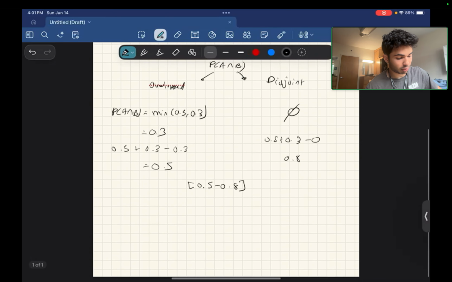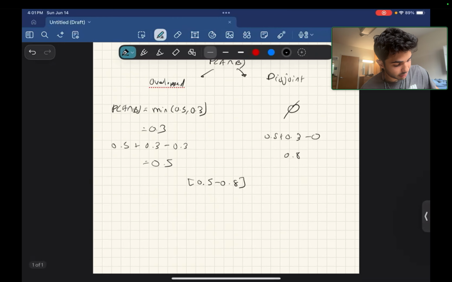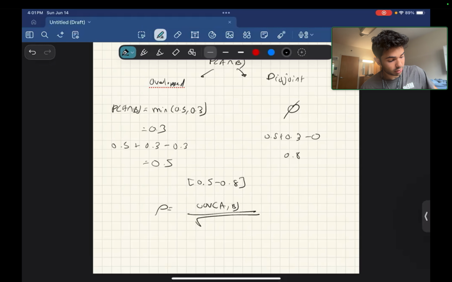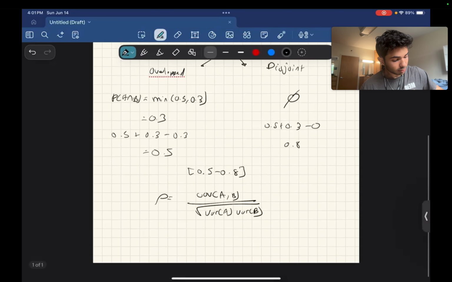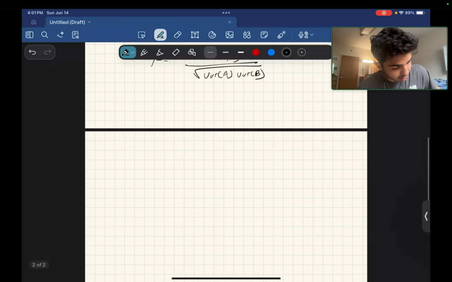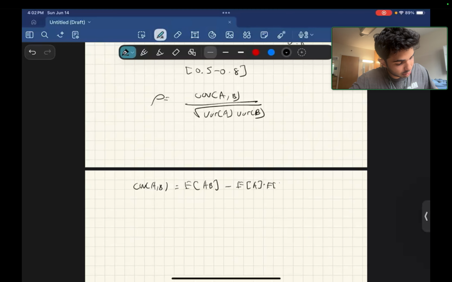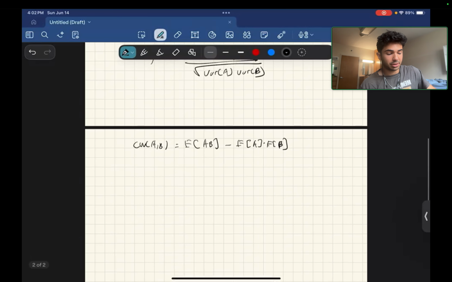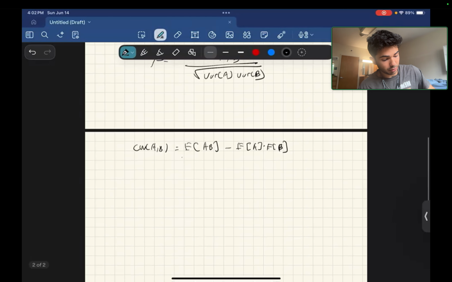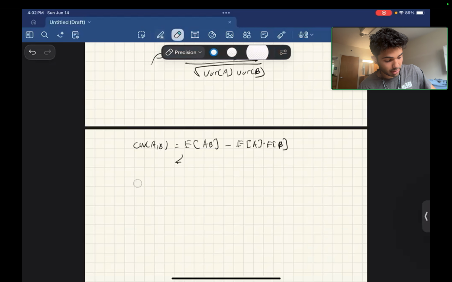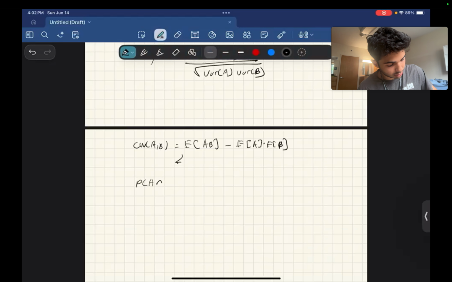And now what about the range of their correlation? The correlation equation is the covariance of A and B over the square root of the variance of A times the variance of B. Now, for the covariance, it equals the expectation of A and B minus the expectation of A times the expectation of B. So the expectation of A and B can be broken up into the probability of A and B times 1, because the outcome of this event is 1, right?